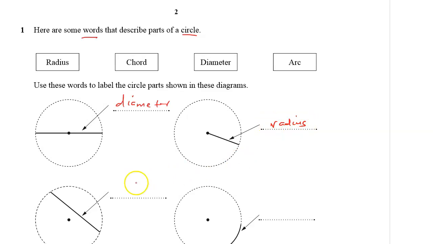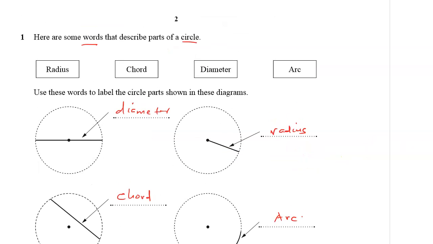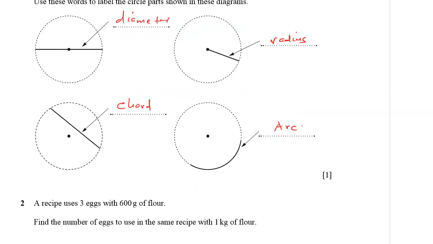The third circle, what is shown here is what we call a chord. And lastly, we have an arc. So those are the parts of the circle that we needed to label. All right. Question number 2.